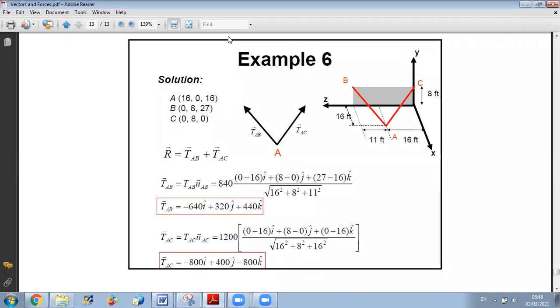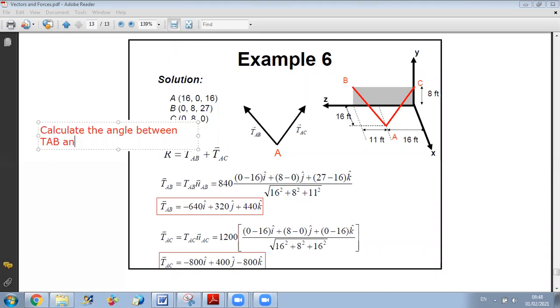And the question is, calculate the angle between TAB and TAC.